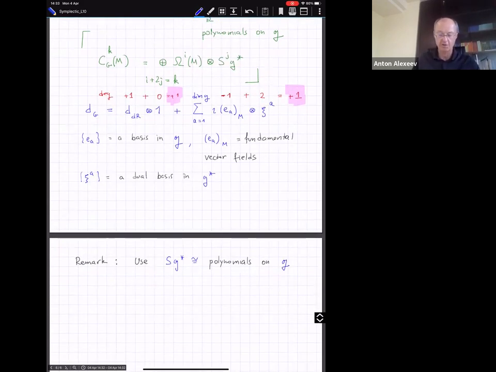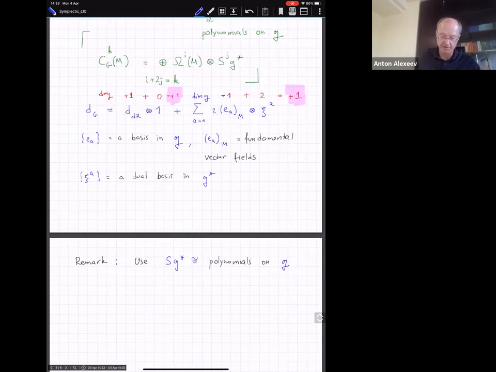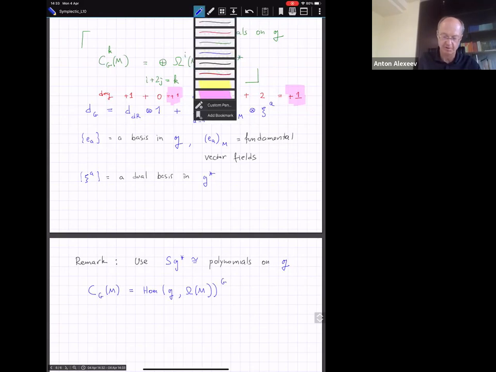So then we can say that elements of C_G(M) are polynomial maps from g to Ω(M), which are invariant under the G action.